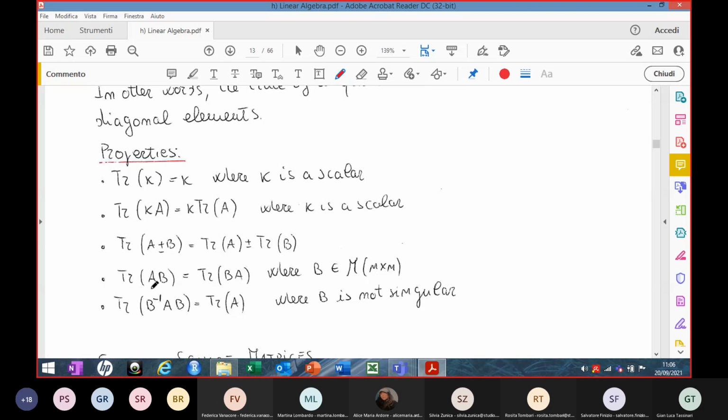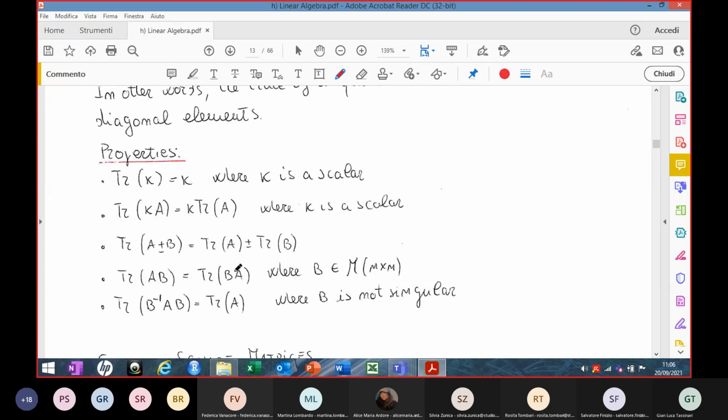Now, if AB is feasible and also BA is feasible, and suppose these products give square matrices, otherwise it does not make sense to compute the trace.